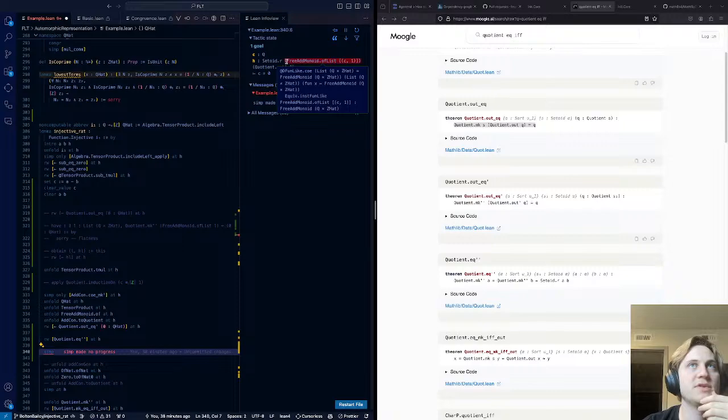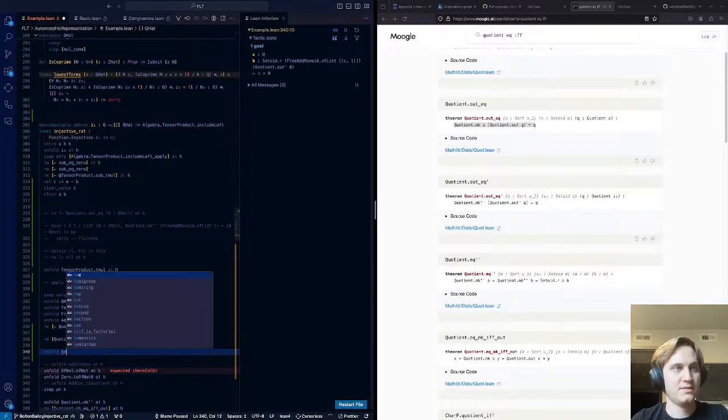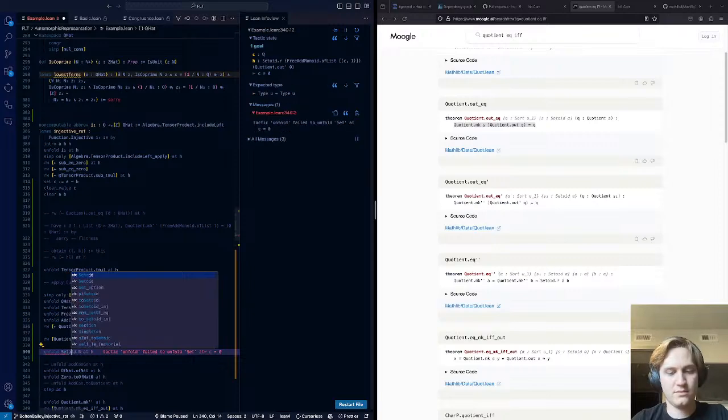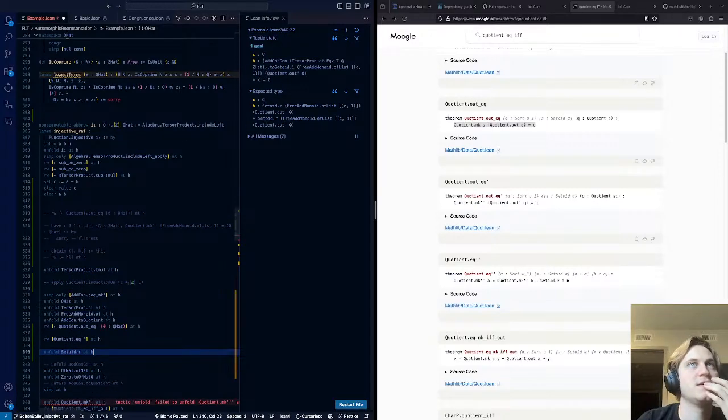So the point is that the setoid in question is this setoid, tensor product equiv. Can I just write unfold setoid.r at h? Yeah, so now I have this add con gen statement.